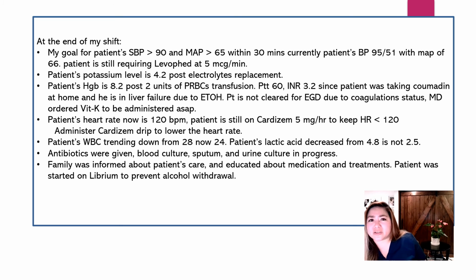If your patient is doing the same or doing worse, then your goal needs to be adjusted. We need to revisit it and meet with the interdisciplinary team to have a conversation about how we can come together and help the patient do better, and perhaps set different goals that we can achieve.